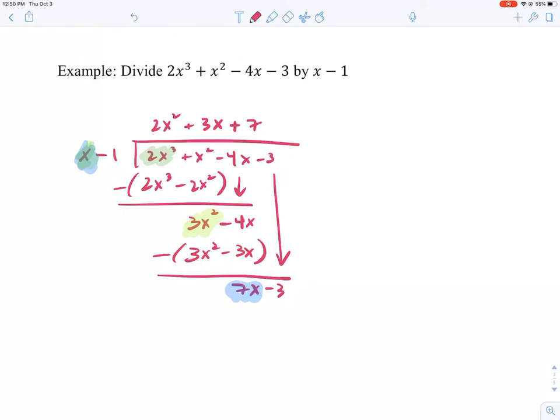Once you get the constant, you're done. So remember to finish multiplying. And when I subtract, I get 4. Okay. So 4 is going to be the remainder.